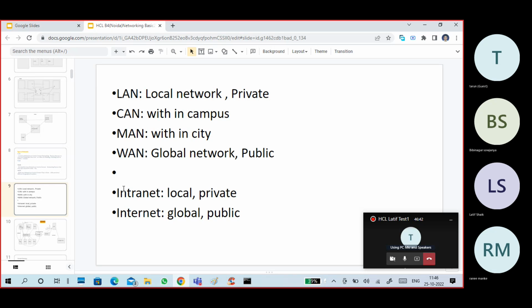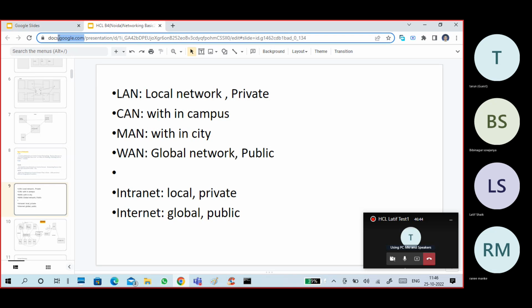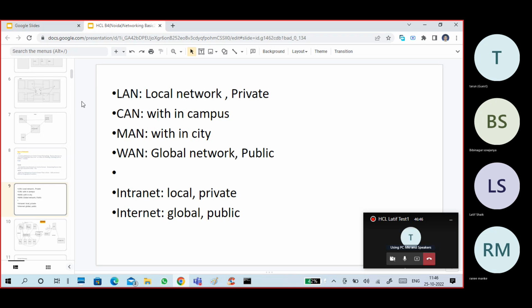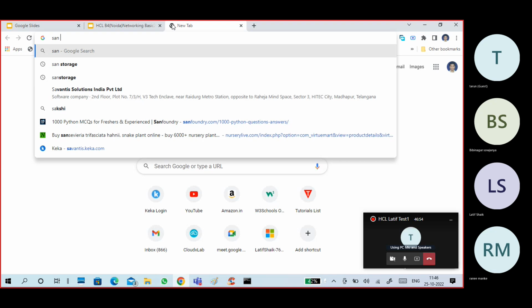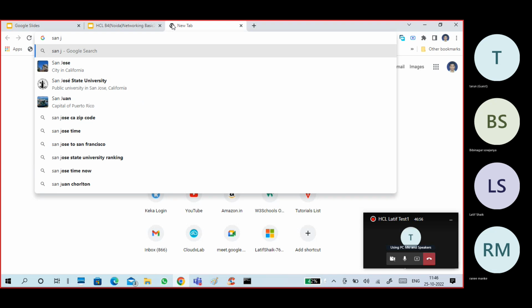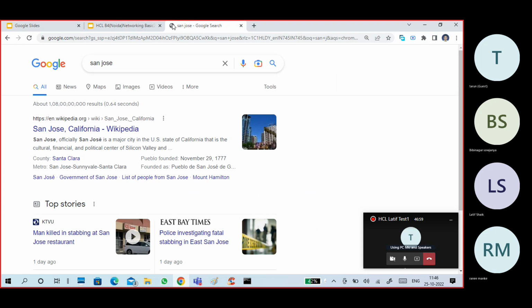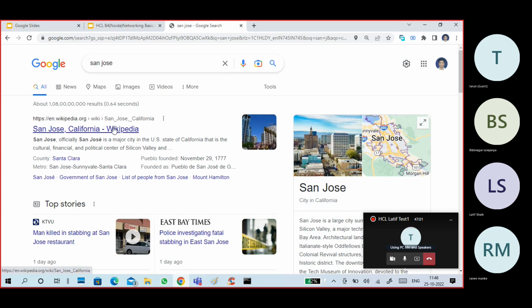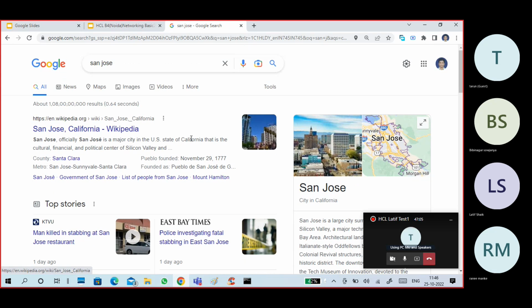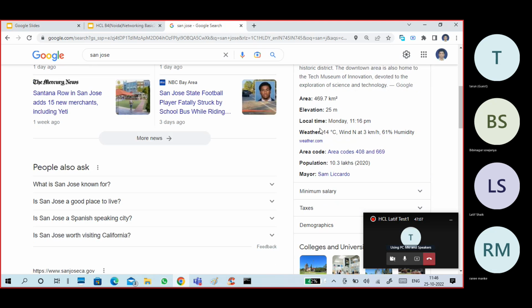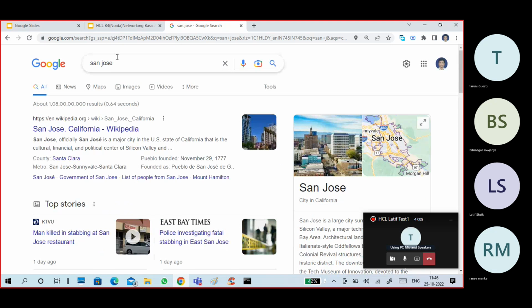Like when you are accessing google.com, where is the Google server located? We don't know. San Jose or something, in California. If you search for a lot of servers, it will show this area only. San Jose.